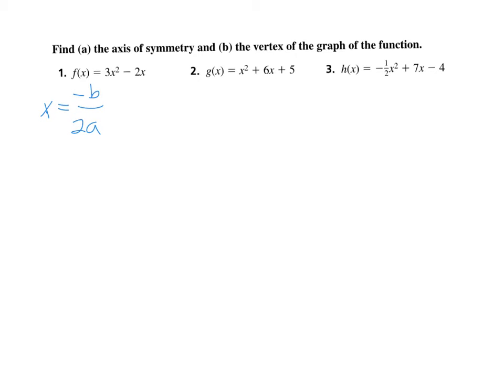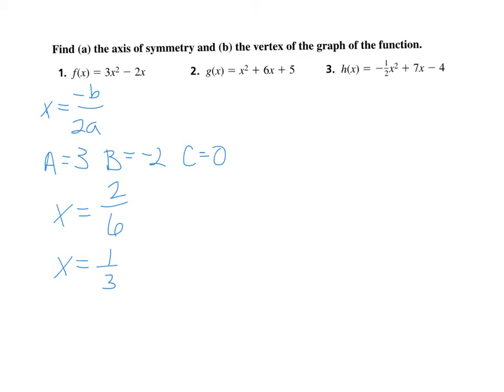And so, if you look at our equation here, we have an a of 3, we have a b of negative 2, and we have a c that's not there, so it's 0. So we would have x is equal to negative b, which is positive 2, over 2 times 3, which is 6. So x is 1/3.